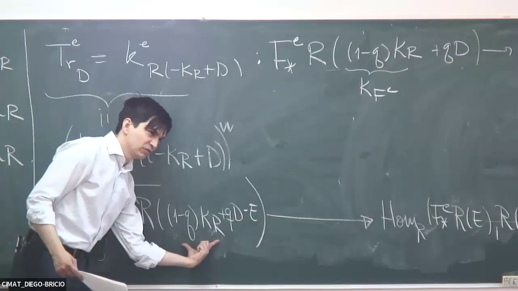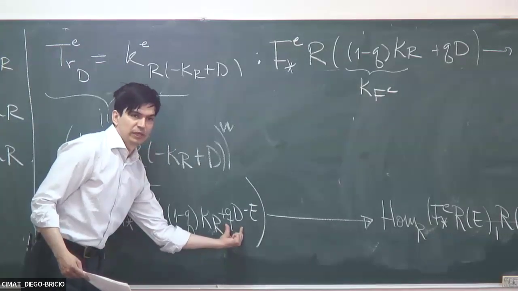The fact that this is the relative canonical of Frobenius, and the pullback by Frobenius is just multiplication by q.